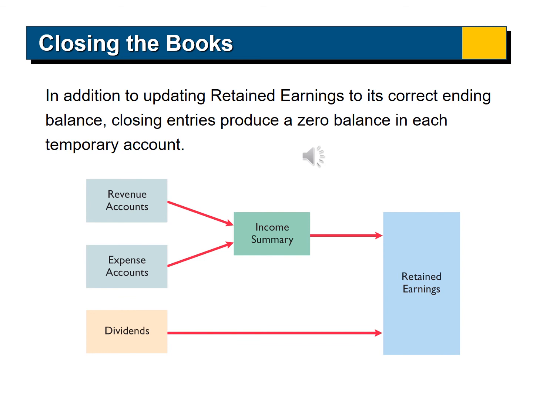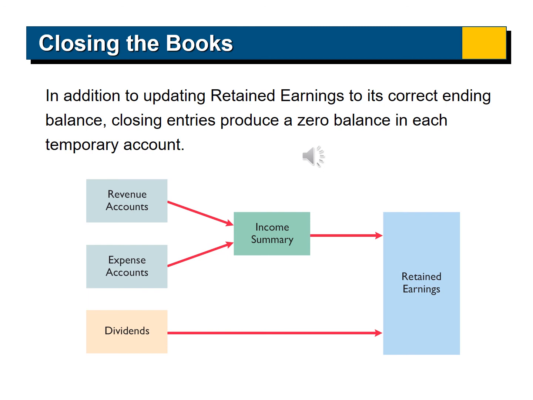So here is the process of closing the books. All the revenue accounts are debited and an account called income summary is credited in one journal entry. And in another journal entry, all the expense accounts are credited and the income summary account is debited.